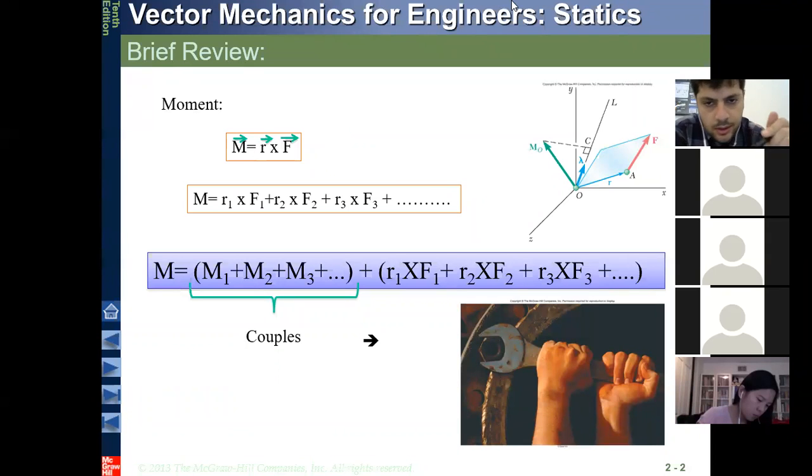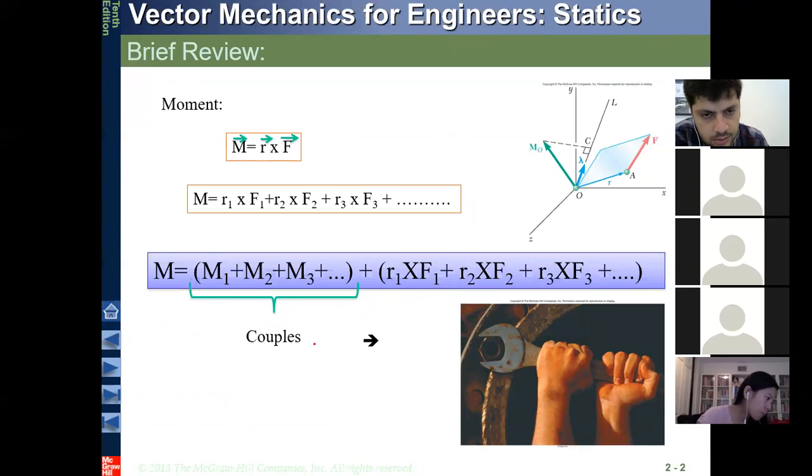Okay, and you should also know that the moment is defined as the sum of the moments of all the forces in the system and all the couples that you have in the system.